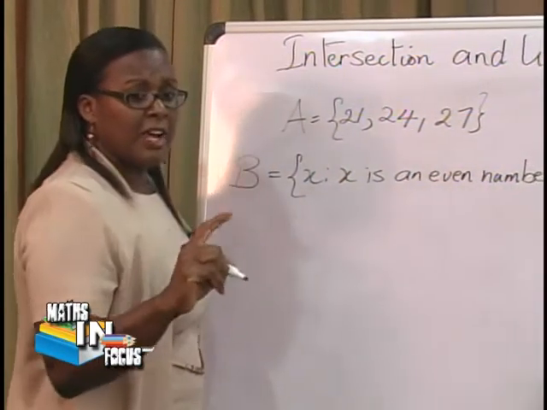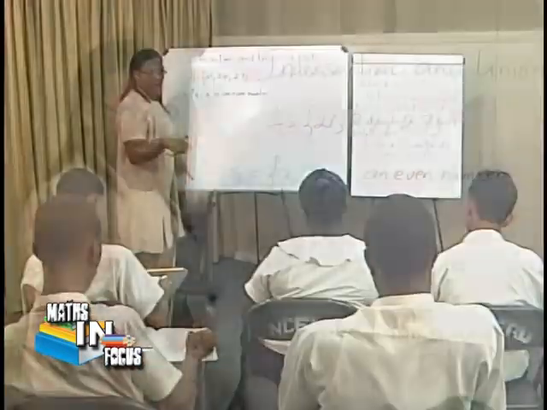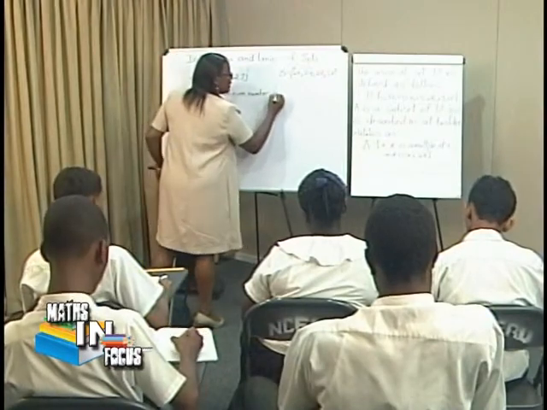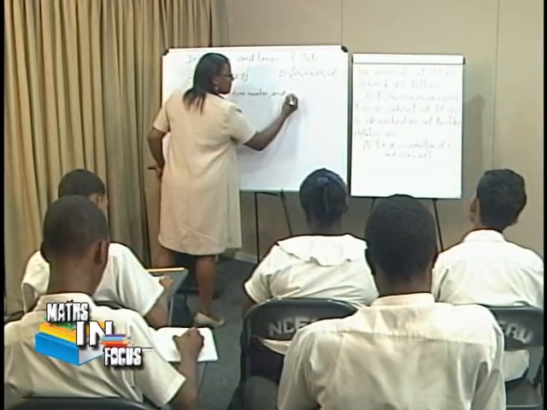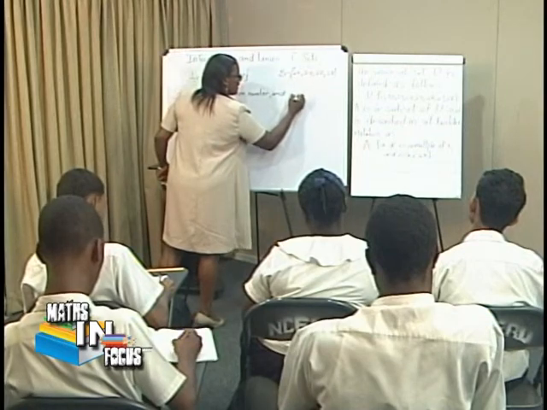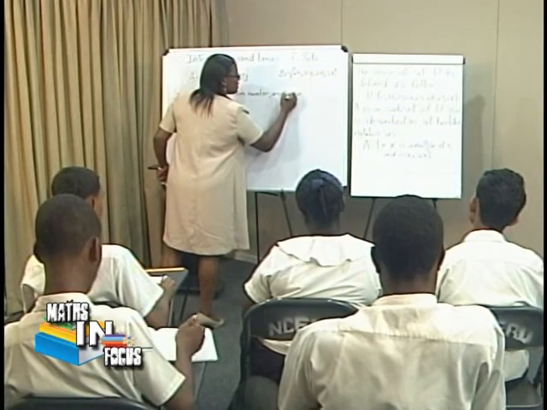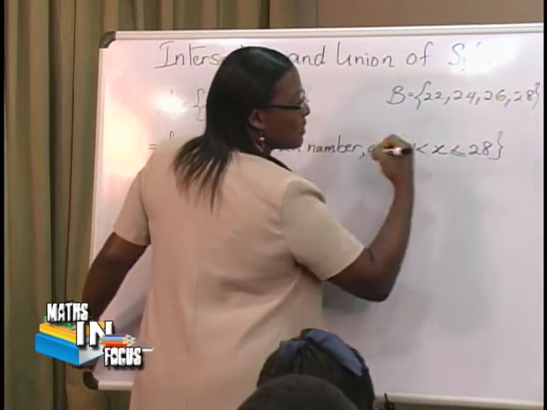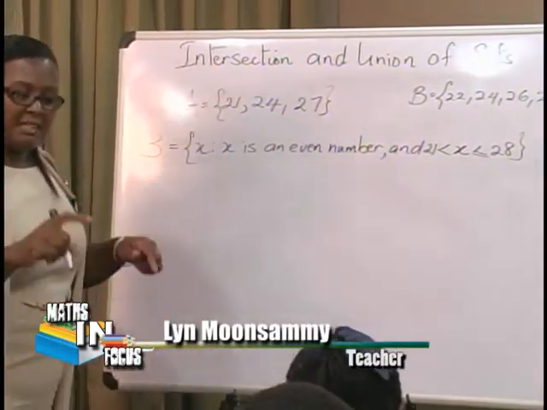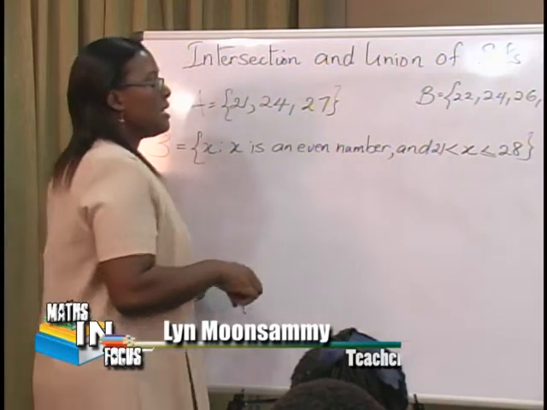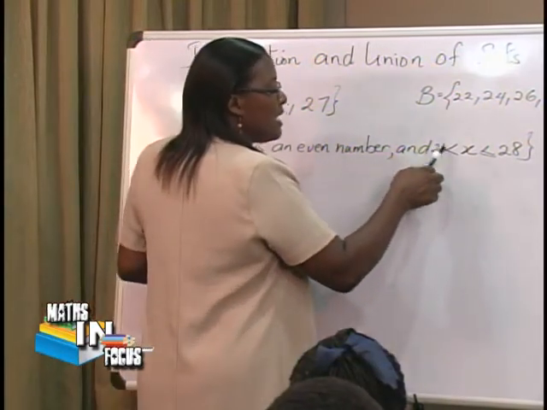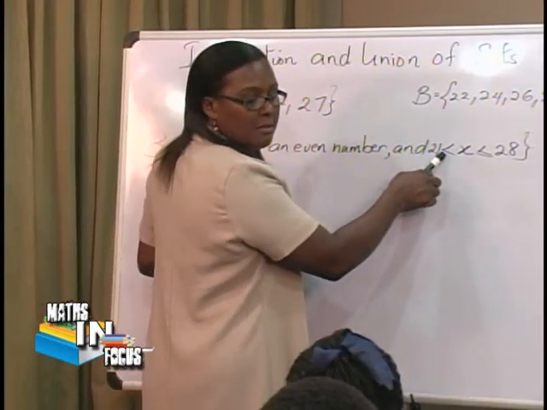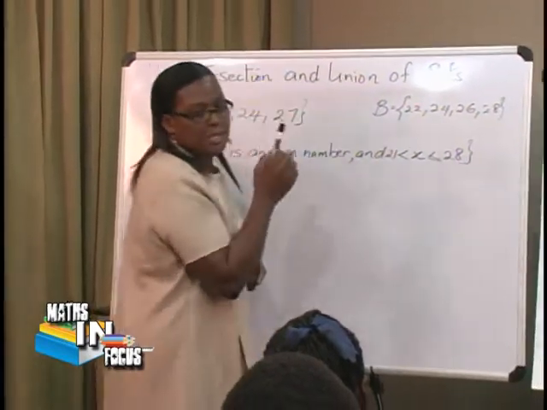And then we have to specify where these even numbers are. x is greater than 21, x is less than or equal to 28, and we close. So we know that these even numbers we're talking about cannot be less than 22, and they cannot be greater than 28.